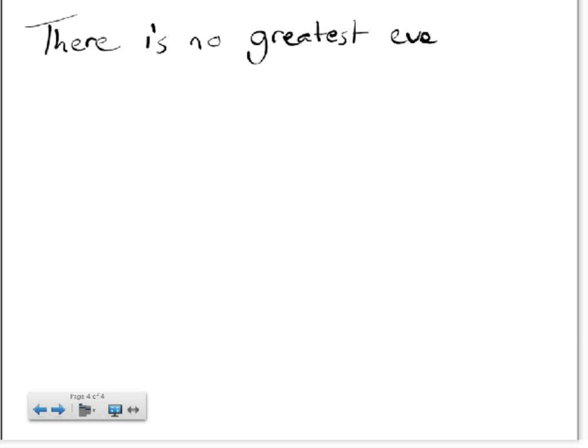So, moving into our first example, we're going to prove that there is no greatest even integer. So we're going to begin by assuming that there is a greatest even integer.